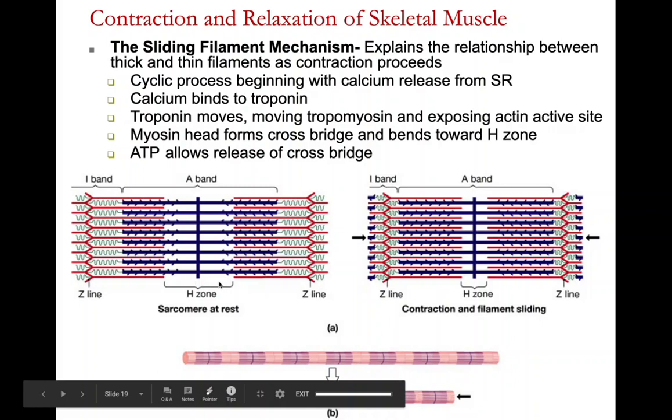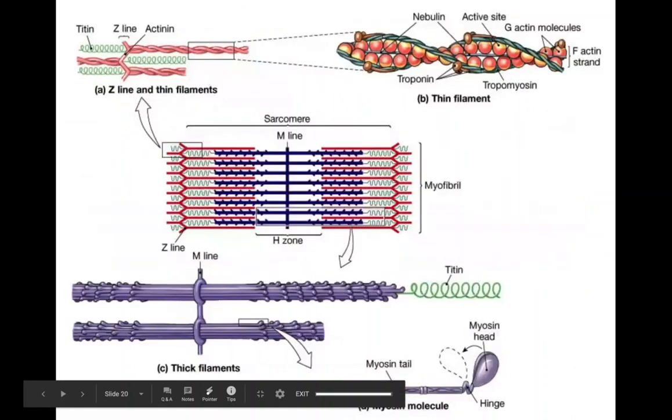You can see the size of the H zone when it's relaxed versus the size of the H zone when it's contracting. These have just slid towards the center. When you look at the I bands, those also get smaller in contracting fibers. So none of the fibers shrink, they just slide past each other to have more overlap.